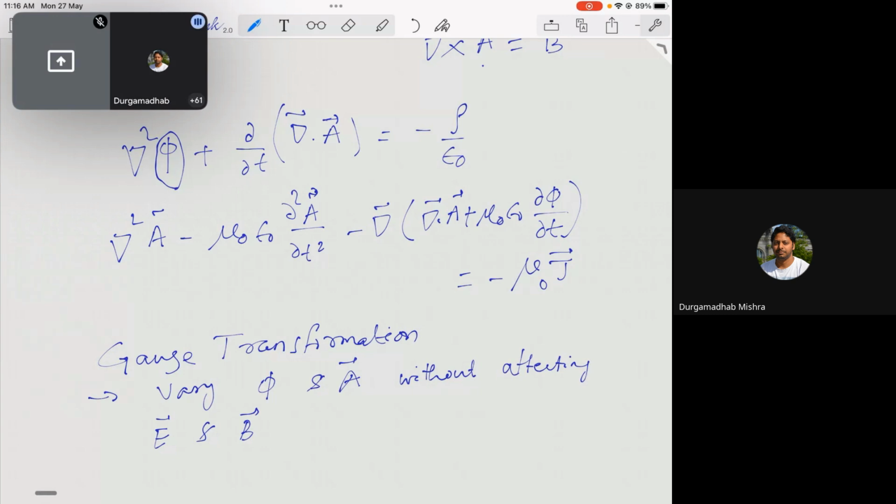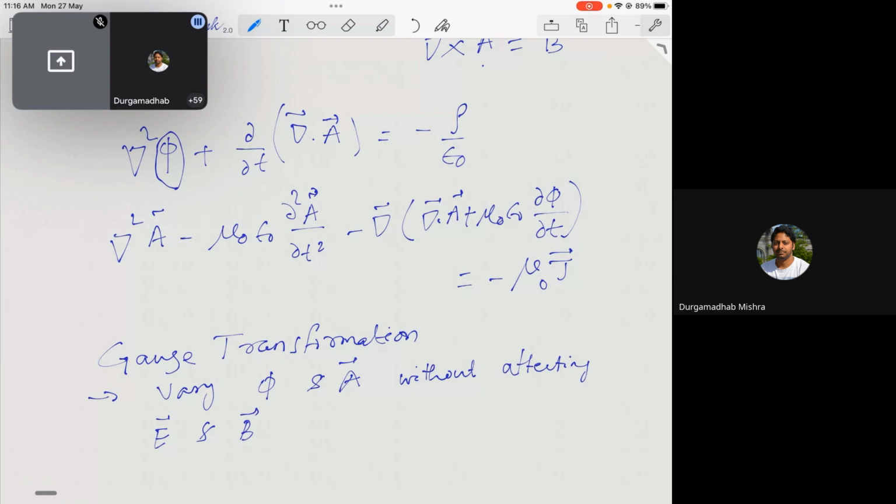The magnetic field and electric field are the real physical fields that we encounter or experience. But the scalar potential and the vector potential are not observable.